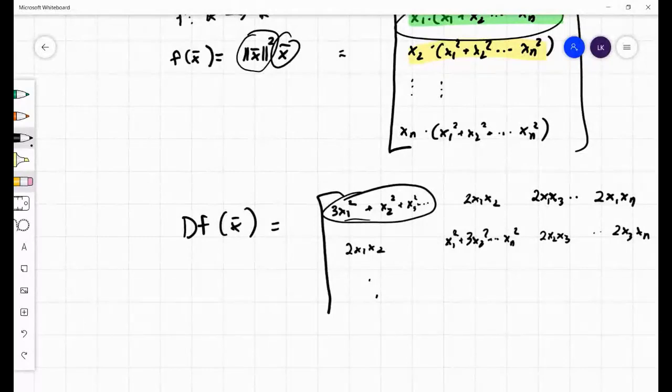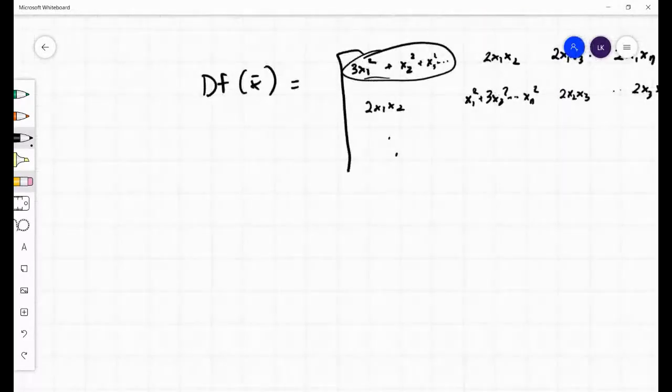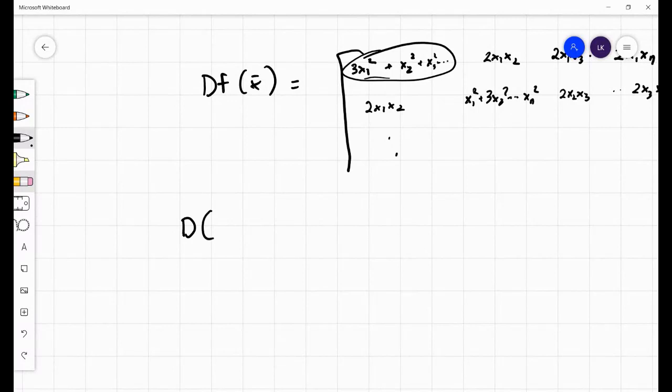But here you can use a product rule. So what's the product rule? Well, if you have a scalar valued function times x, you can actually use a product rule where you leave x alone and then multiply by the derivative of the first factor.